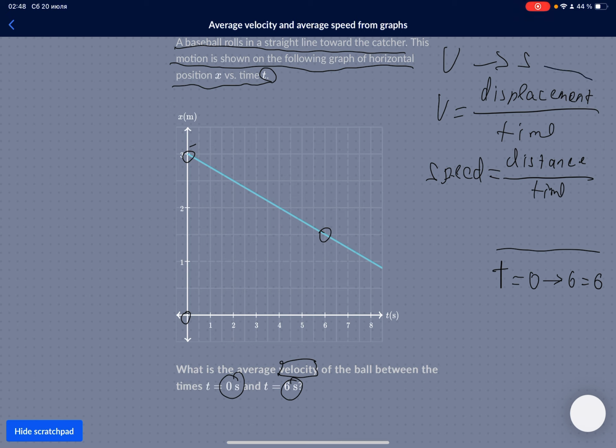The displacement, right, because in order to find the velocity we should know the displacement. Displacement is equal to from 3 to 1.5, so that would be minus 1.5 divided by 6.